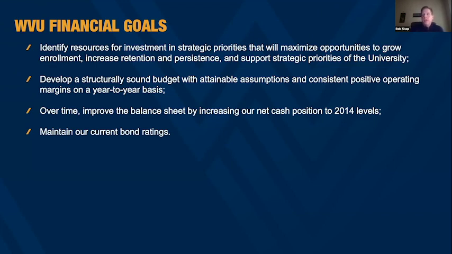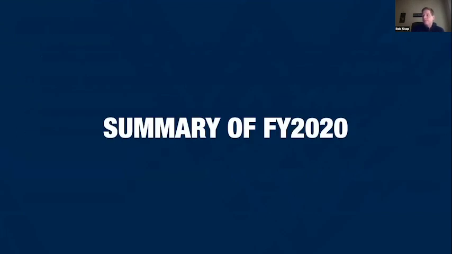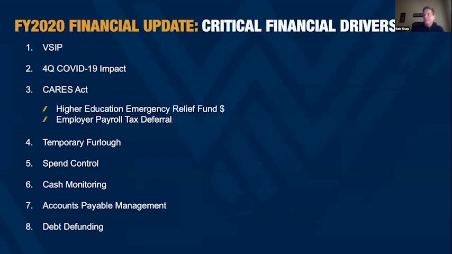We want to develop that structurally sound budget with attainable assumptions to get those positive margins, which I spoke about. We want to increase our cash and maintain our bond ratings. So all that coming into COVID, some headwinds for higher education, but an institution that is strong and looking at all of higher education relatively strong as we move forward. And then COVID hit.